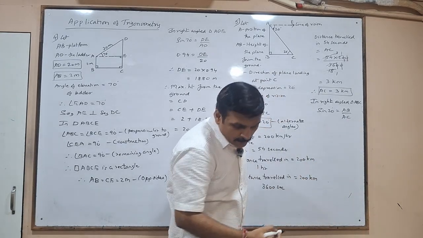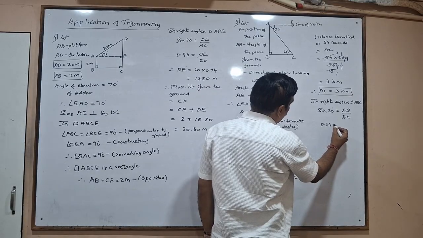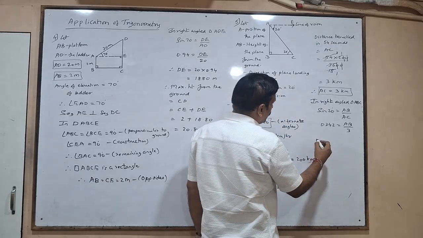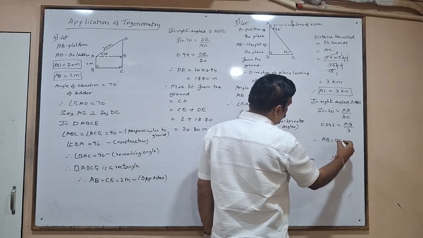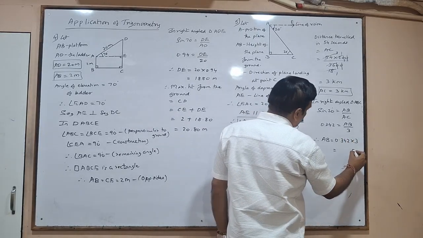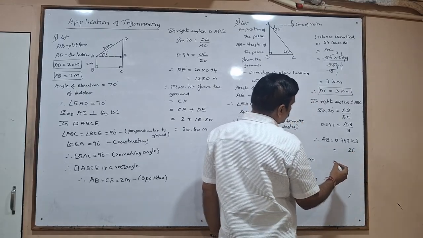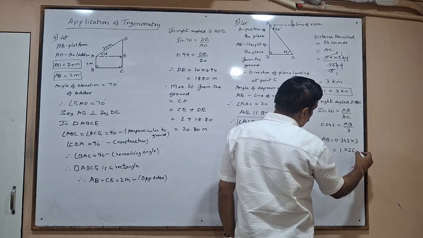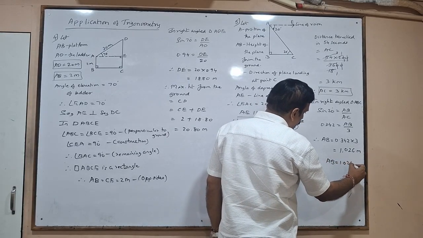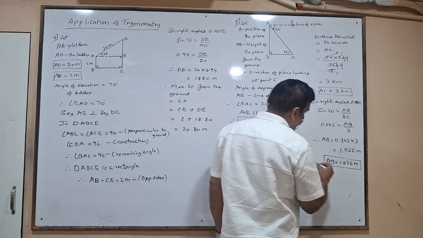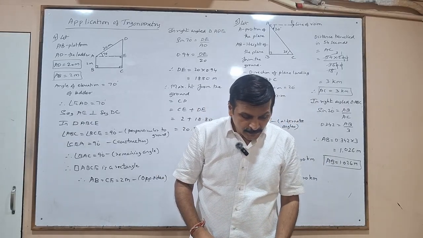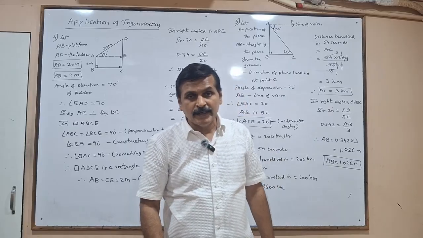Sine 20 value is 0.342. AB I want to calculate and AC is 3. So AB is equal to 0.342 into 3, 1.026. So AB is 1.026 kilometer. So that is the height at which the plane was when it started landing.